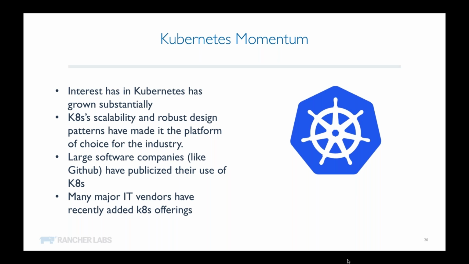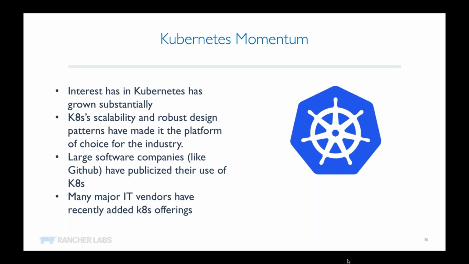But with 2.0, we realized that the Kubernetes ecosystem was just getting bigger and bigger. Also, it supported robust design patterns, helped scalability and efficient resource usage, and it is also backed by a lot of software companies. Like GitHub, many companies have publicized their use of K8s.